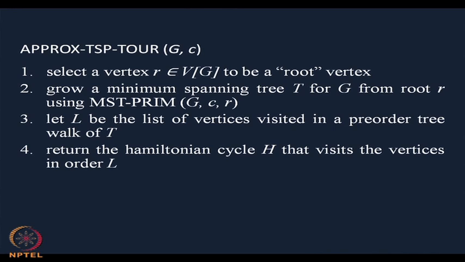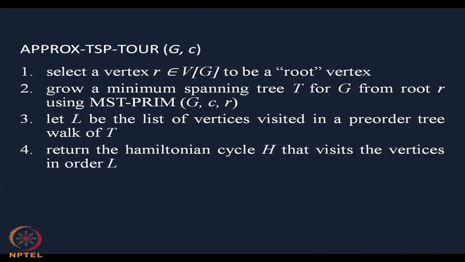So, for the travelling salesman problem, at first you select a vertex, then you have to find a minimum spanning tree. Actually, for shortage of time, I may not be able to complete the minimum spanning tree, but what a minimum spanning tree is, at least by one example I will show you. This is step number 2, minimum spanning tree.